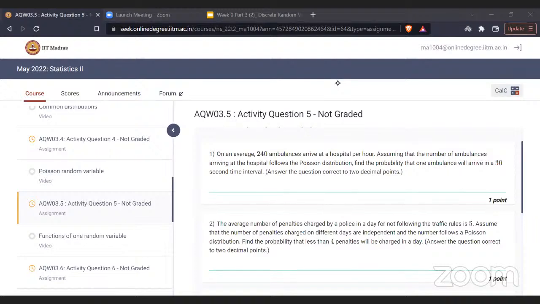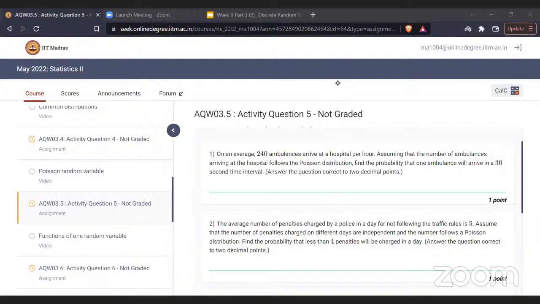So can you tell me how will you find your lambda here? Ma'am, we have to convert. Here lambda is given in hours, 240 ambulances per hour. It seems like the mean, so we can convert this to seconds.